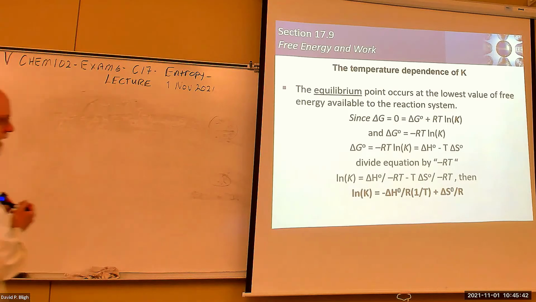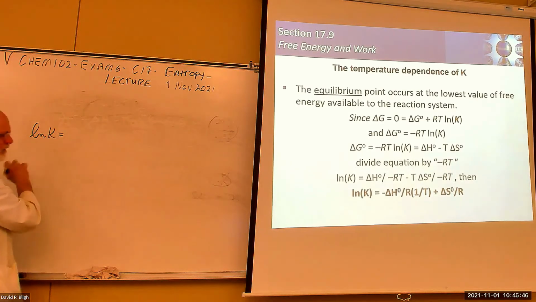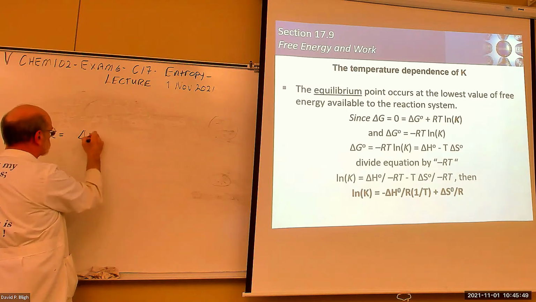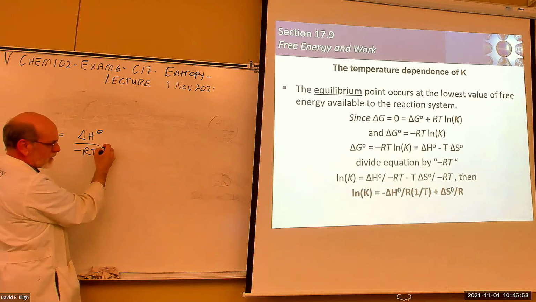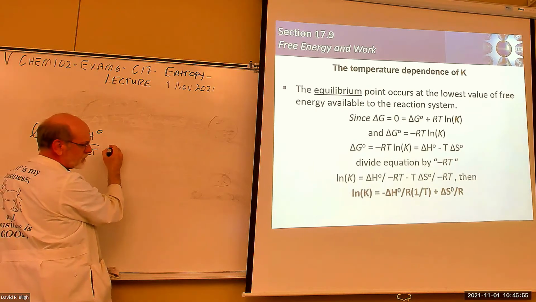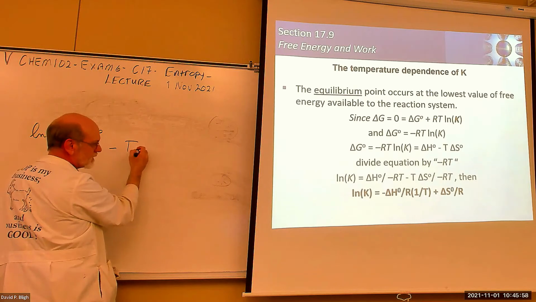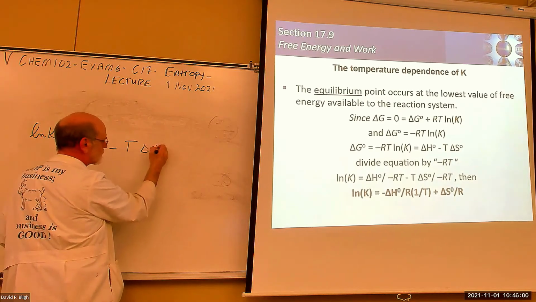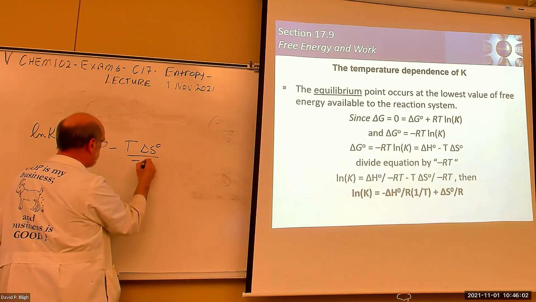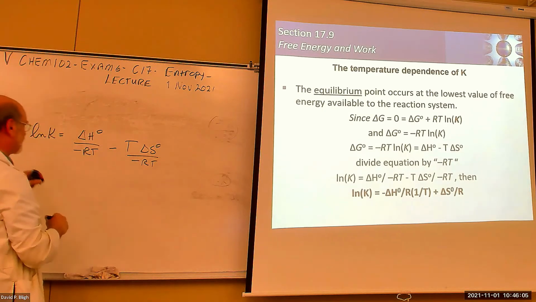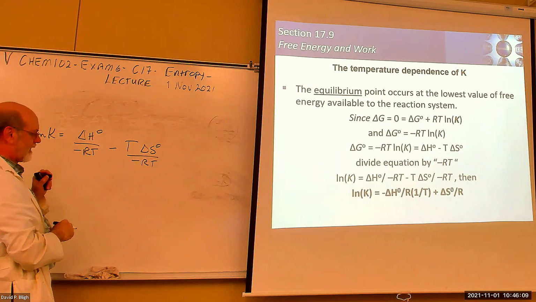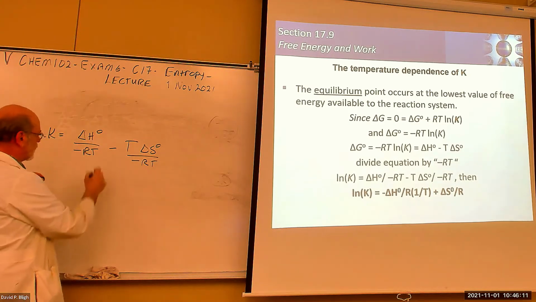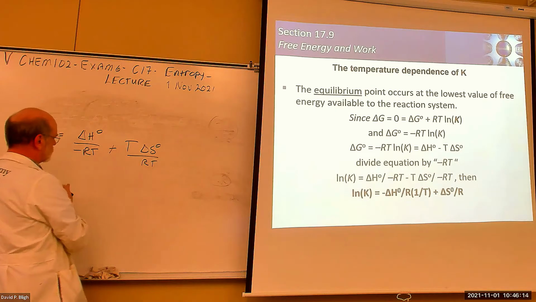let's see, I'm with it down to this point. Log K equals delta H0 over minus RT, and then minus T delta S0 over minus RT. Okay? So now, what does that give us? Well, this one now is positive.